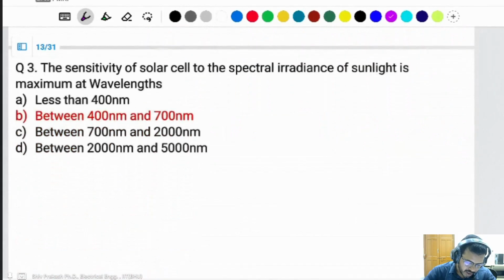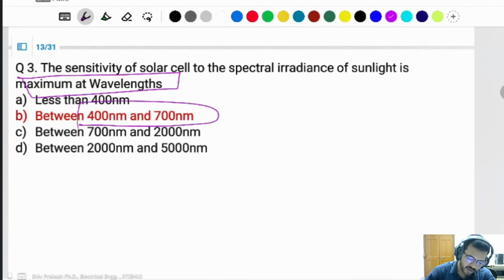Next: the sensitivity of the solar cell to the spectral irradiance of sunlight is maximum at which wavelength. It will be between 400 nanometer to 700 nanometer.